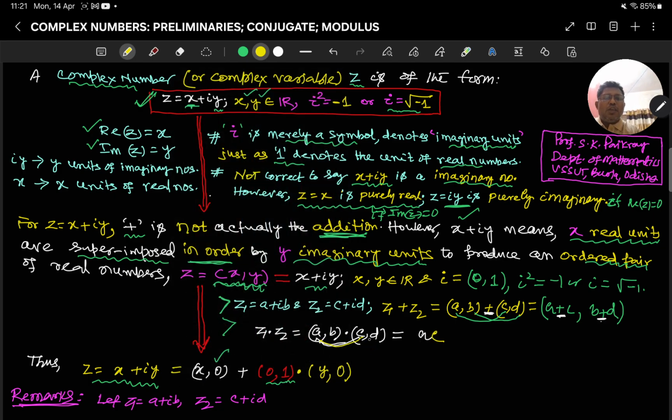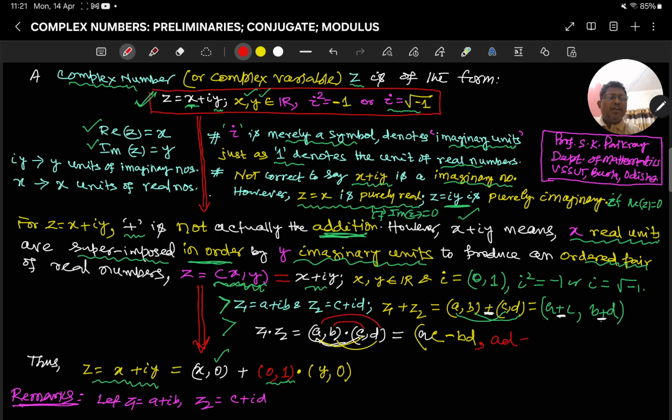So it is SC. If we multiply B into D, so means IB and ID, I squared BD is minus BD, so it is my minus BD. So now it is my real part. And what happens to my terms involving I? If I multiply A with D, A is free from I, D is with I, so we have AD involving I. Then if B is multiplied with C, B involves I, C doesn't have I, so here BC.